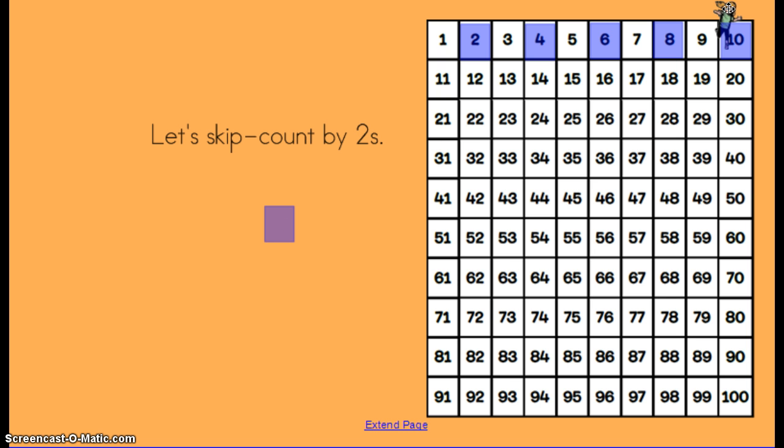I'll keep going for the next row, but see if you notice any patterns happening as I keep counting by 2s. 1, 2, I land on 12. 1, 2, I land on 14.